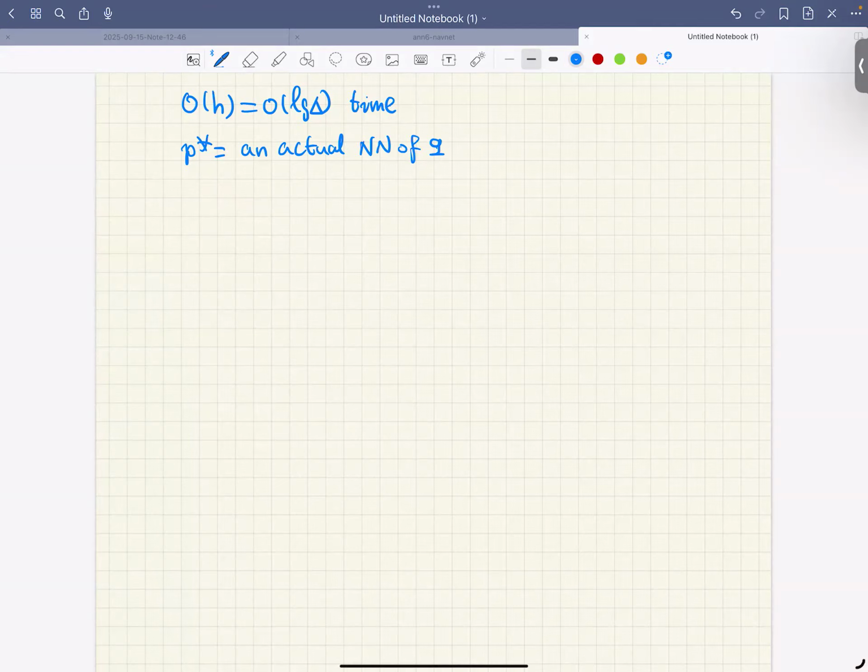And as I said, we descend a single path. Let's call this the access path. It starts from the root and ends at some point y0.